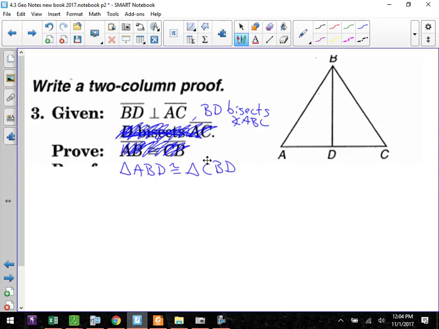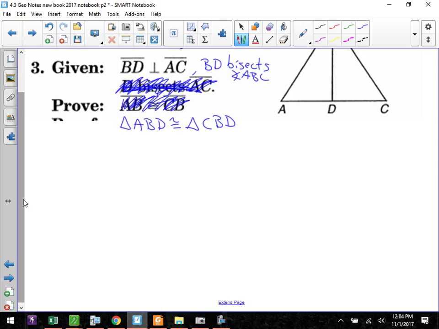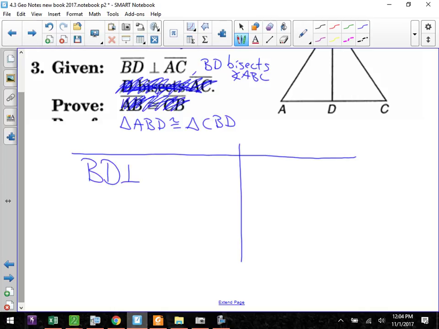So, first things first, write down the given, BD perpendicular to AC. Since that's given, and I need to figure out what my right angles are, sometimes it's not a bad idea to just mark your diagram and figure out where they show up.